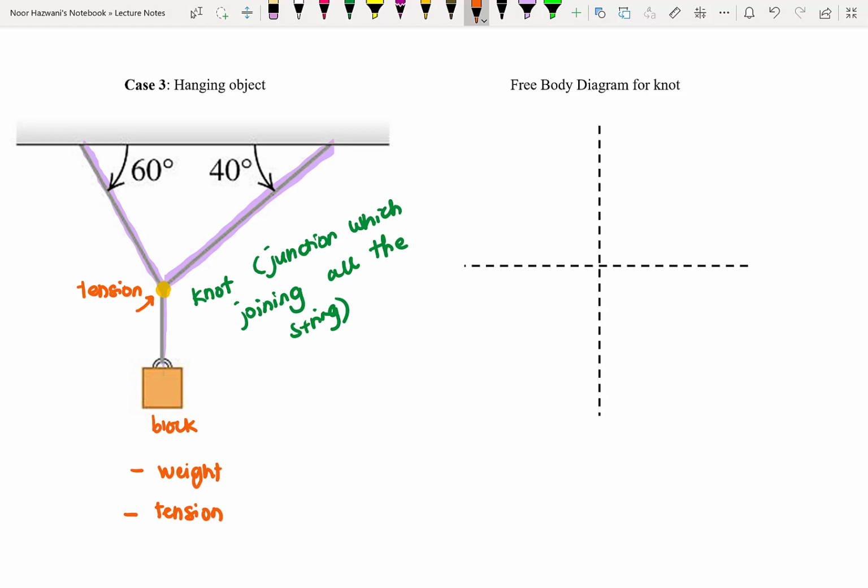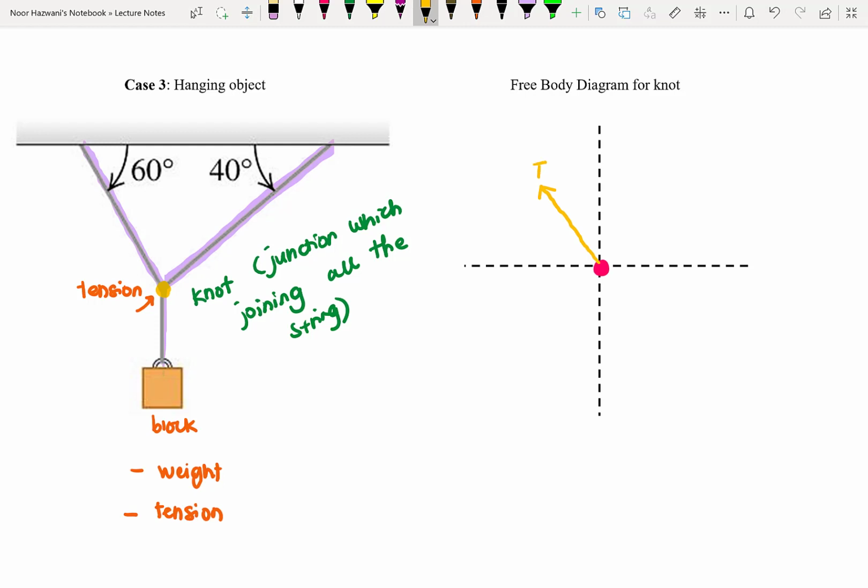First for the node. Okay, so draw the x and y axis and then put the dot to represent your node, and then draw all the tension forces acting upon the node. So what we have here is first T1.